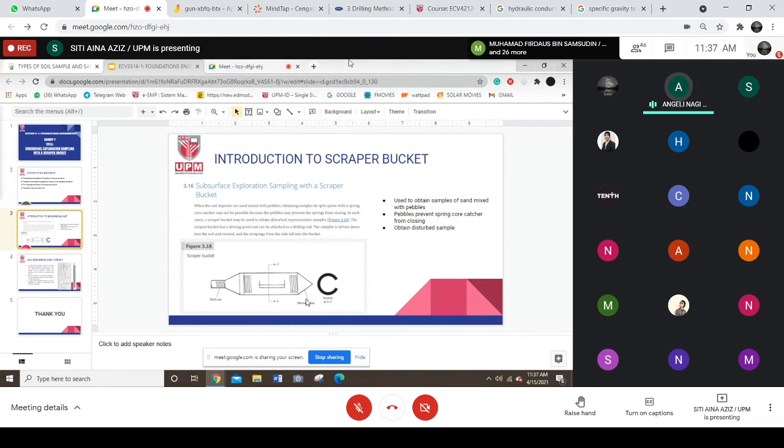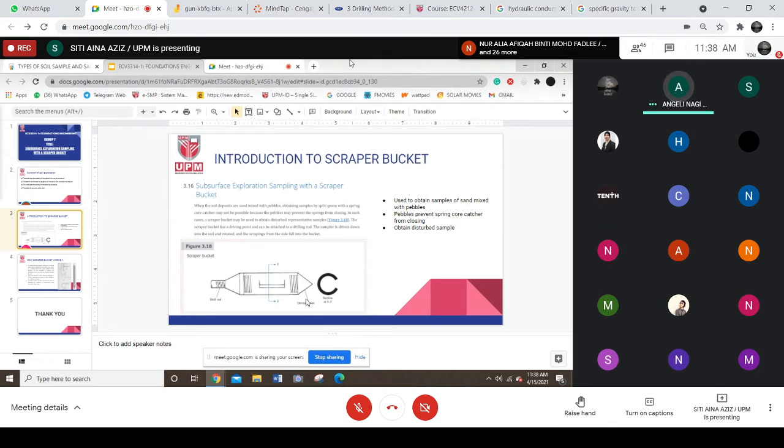Okay, so next I'm going to introduce the scraper bucket. Basically, sampling with the standard split spoon sampler becomes difficult if the soil is mixed with pebbles. The pebbles prevent the spring core catcher, which we can see from the previous group's slide in Figure 3.15, from closing, so therefore it cannot obtain the soil sample.